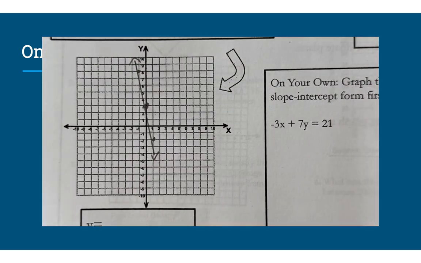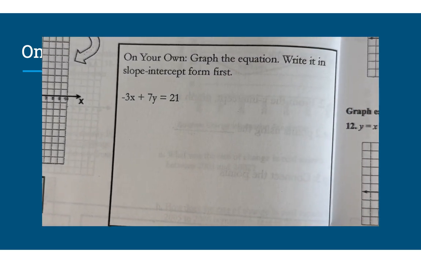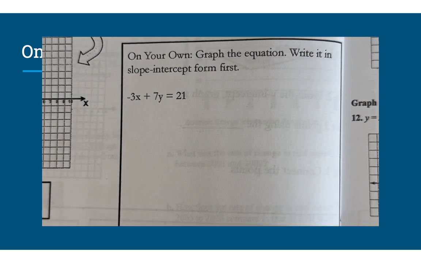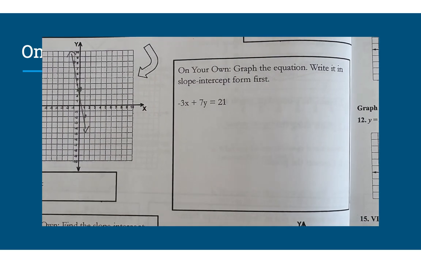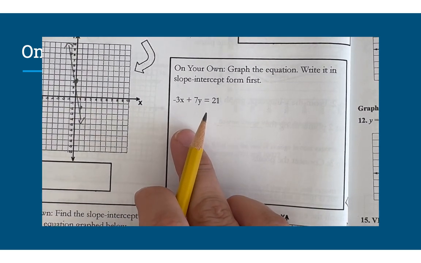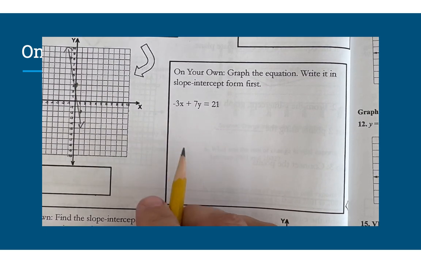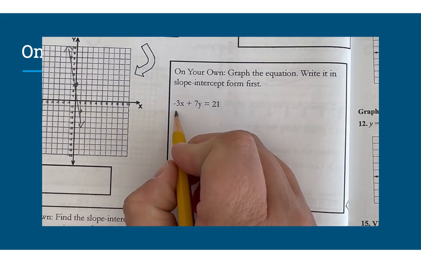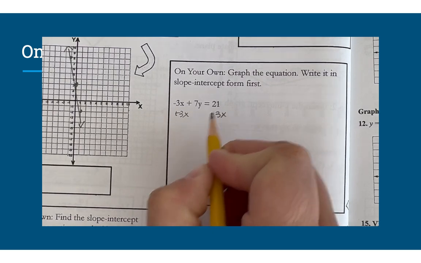Okay, on your own here, graphing the equation, write it in slope-intercept form first. So you'll see that we're going to take this -3x plus 7y equals 21. We're going to put it in slope-intercept form first. So I'm going to add 3x to both sides.